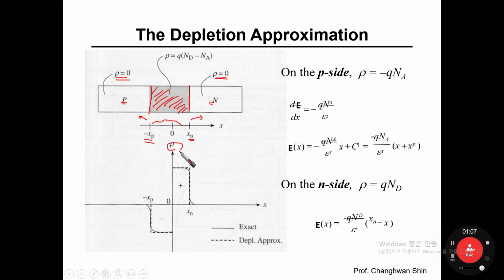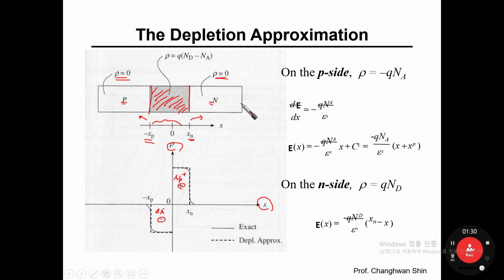So if I draw the charge density plot, rho versus x, plus charge can be found in the n-side because of the ionized donors, and the negatively charged regions are found in the p-side because of the ionized acceptors.